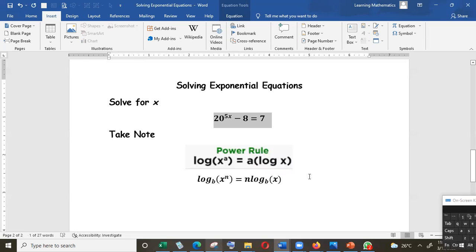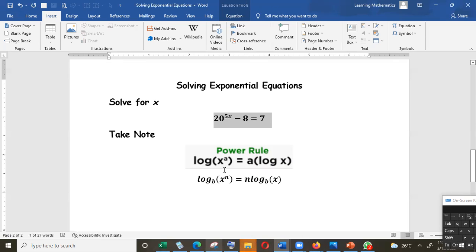So what we are going to do now is demonstrate how we can apply the power rule of logarithms to solve for x, whereby x here is part of the exponent. It is a very important rule for logarithms.